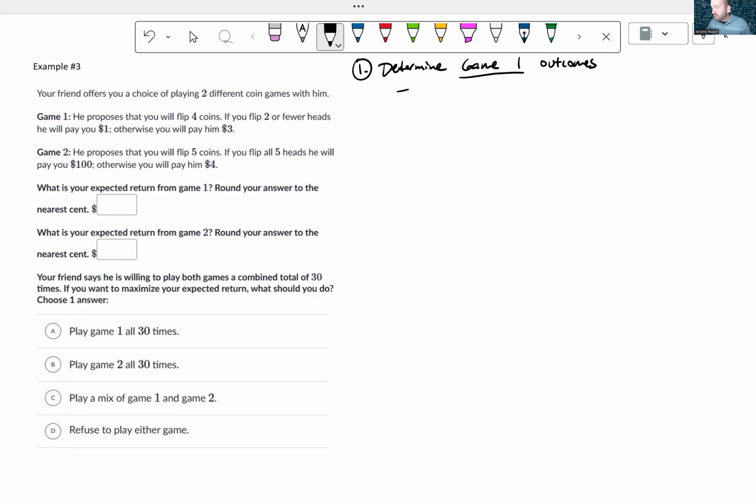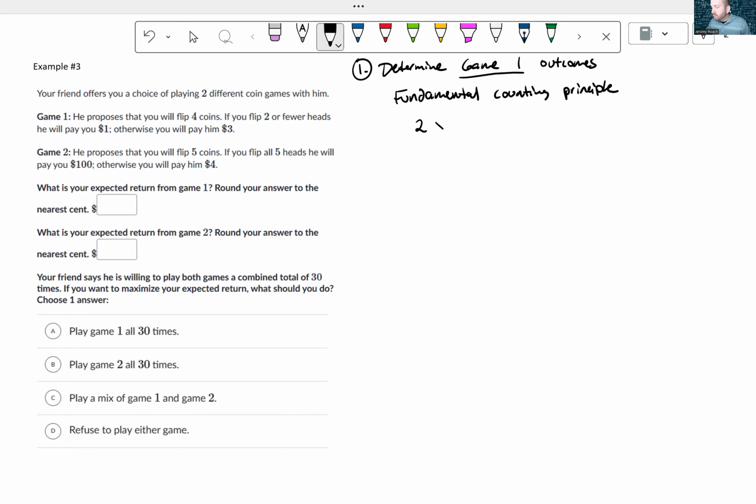So the fundamental counting principle tells us that we're going to multiply the number of possibilities times the amount of trials that there are. There's four coin flips.